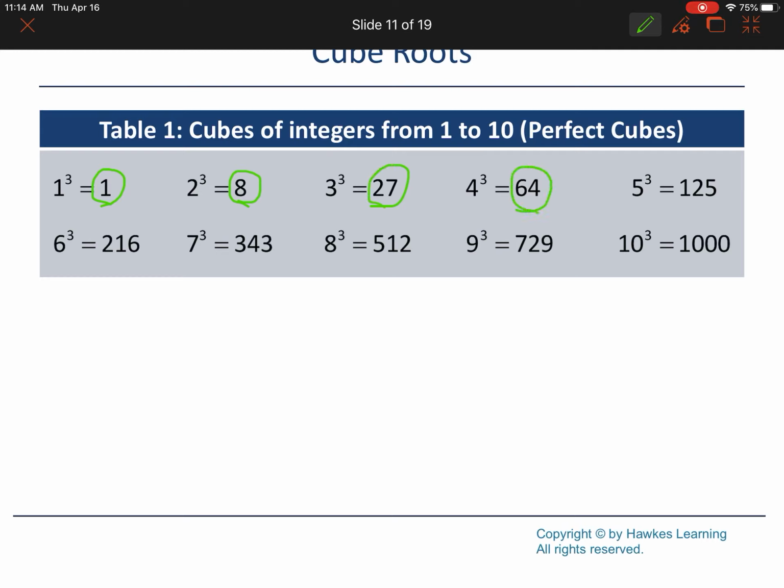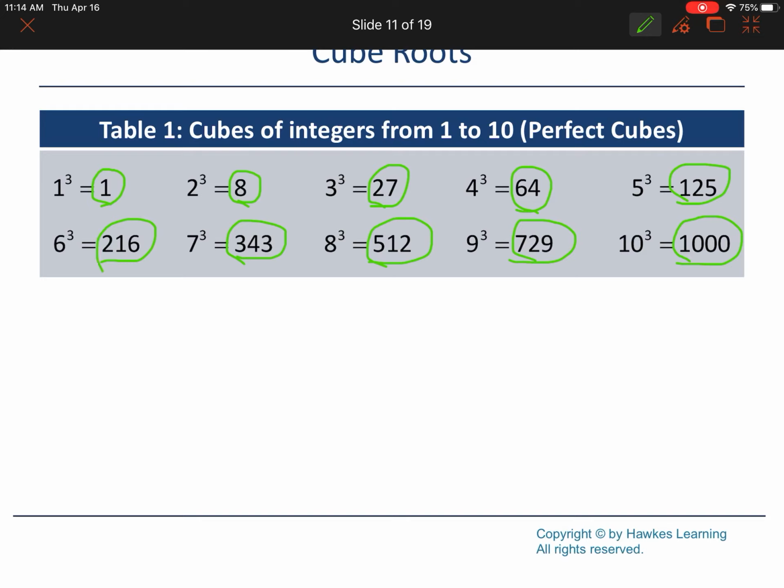And remember, 64 was a perfect square as well, and it's a perfect cube as well, which is interesting. But anyway, these are all the numbers up to 10. We probably would not go higher if you were just finding it, or you can find a way to do these on your calculator.